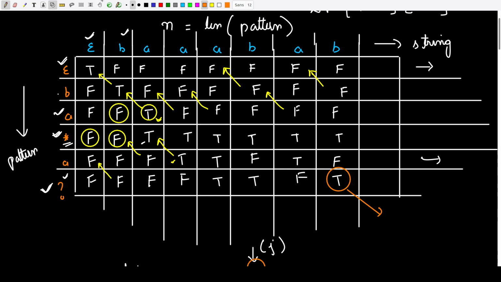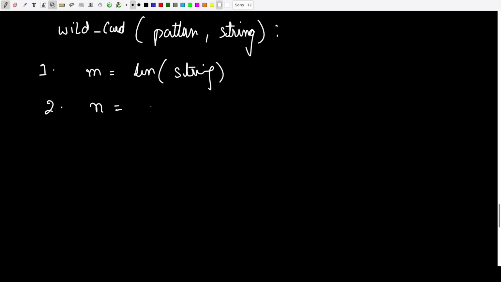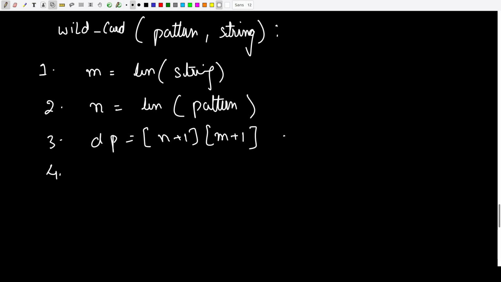Now let us discuss the pseudocode of this problem. So let us say we want to match wildcards, and the pattern and string are given to us. Let m equal the length of the string and n equal the length of the pattern. Let us have a DP table of size n plus 1 by m plus 1, and the default value for all these entries is set to false. Now let us first populate the case where the pattern is a star and the string is an empty string.